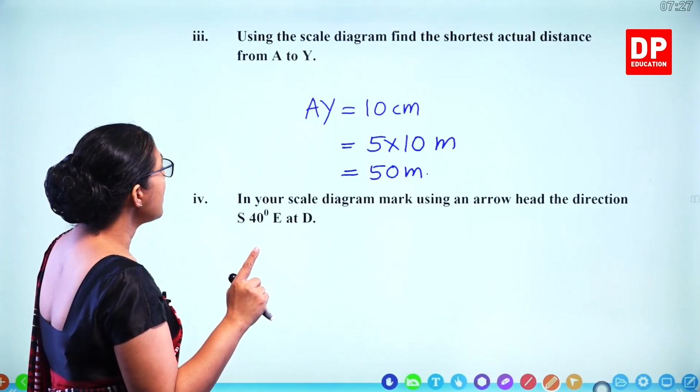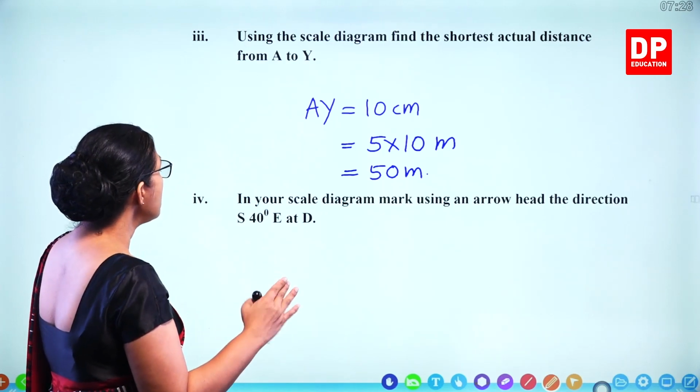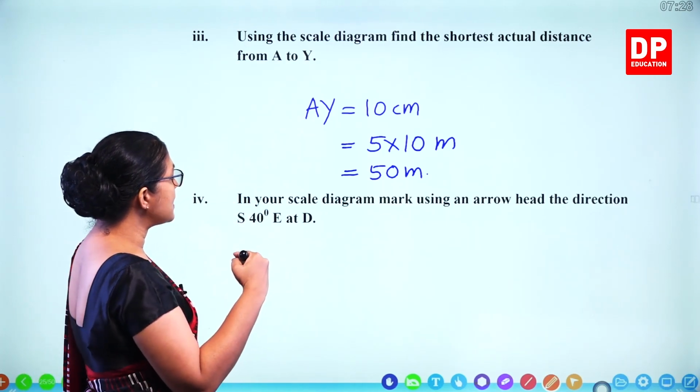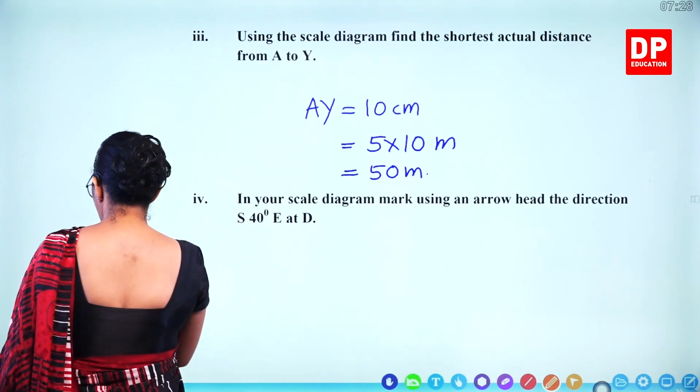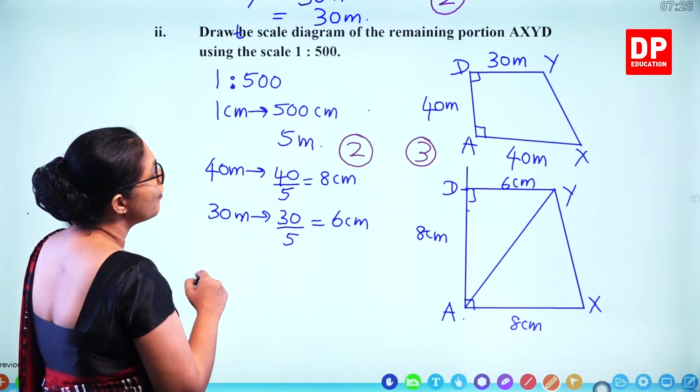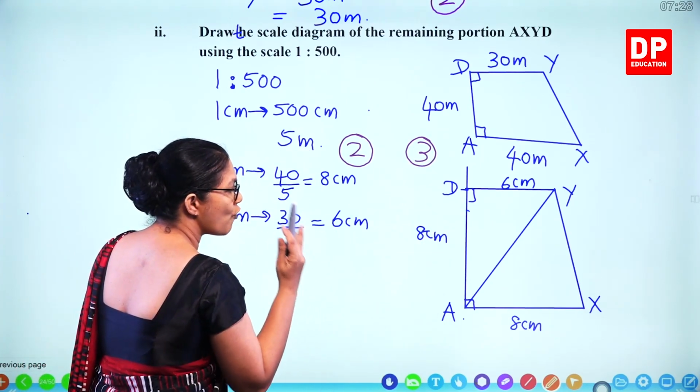In your scale diagram, mark using an arrowhead the direction south 40 to east at D. So we'll draw this angle. We need 40 degrees from south.